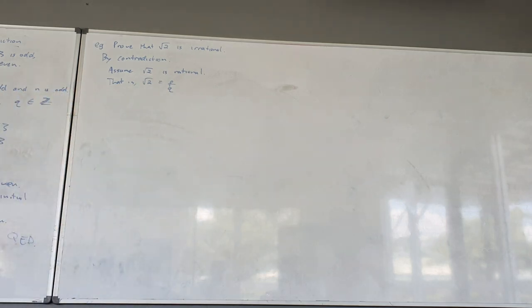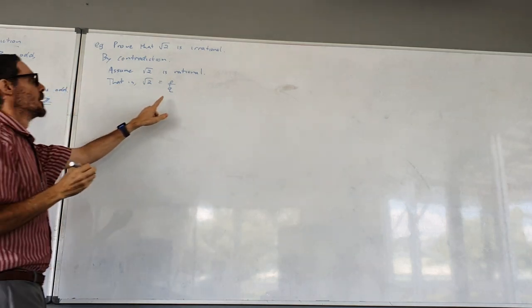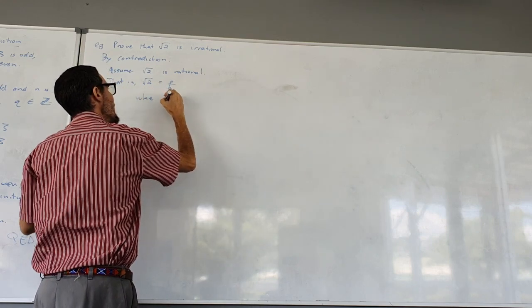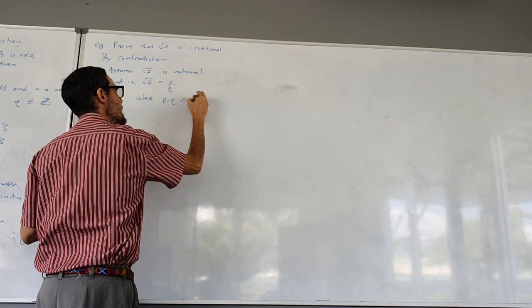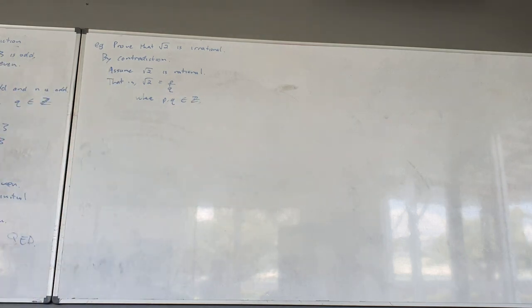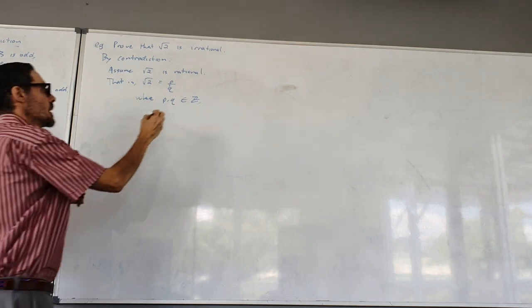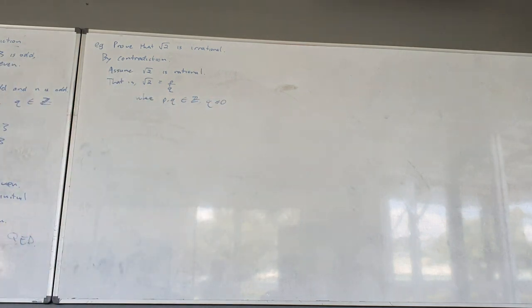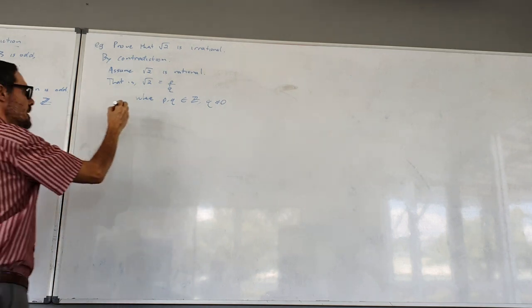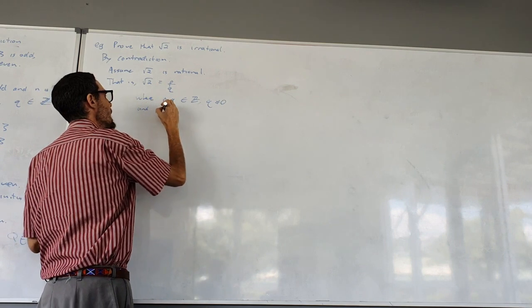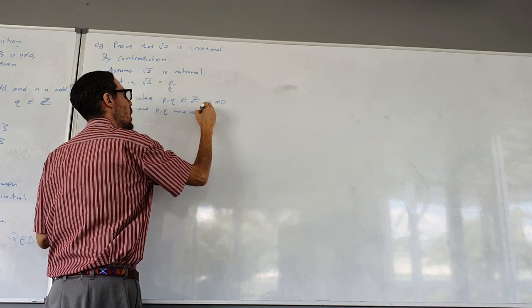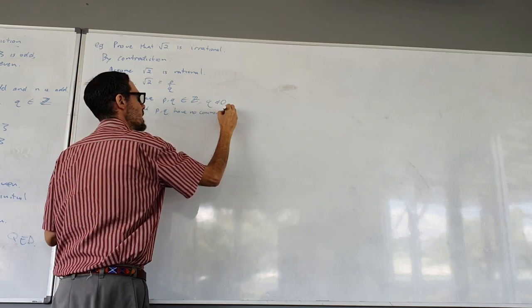And you've got to set this up carefully. p over q, where p and q are integers, q is not equal to 0, because I'm not allowed to divide by 0, and p and q have no common factors.